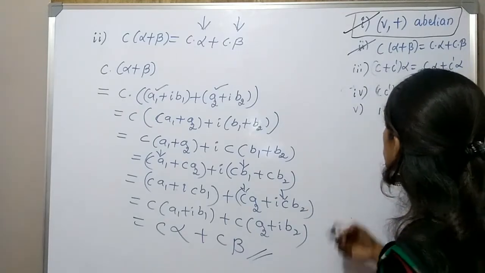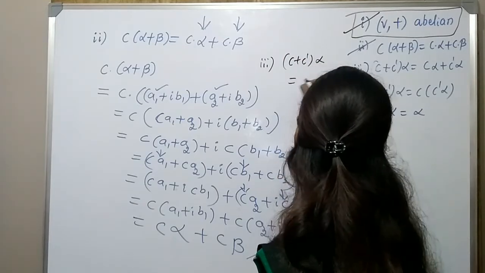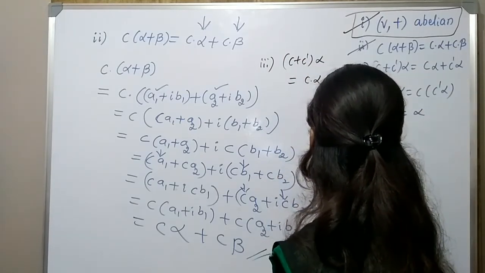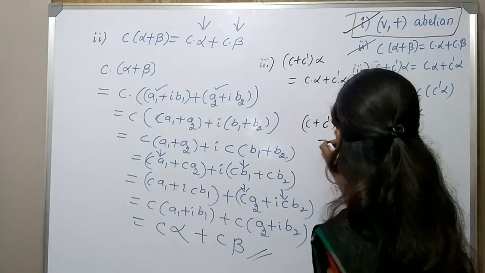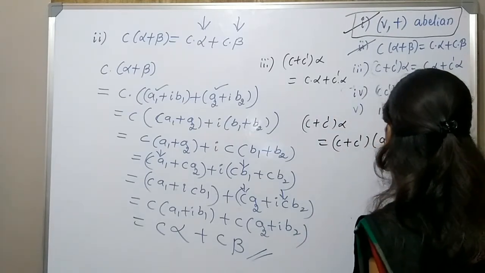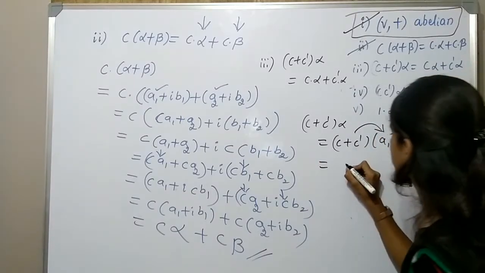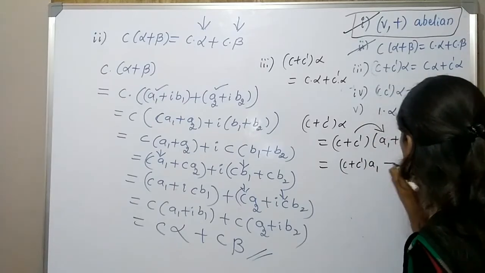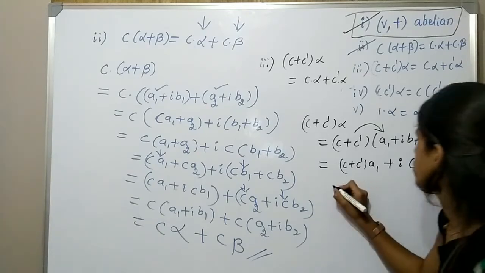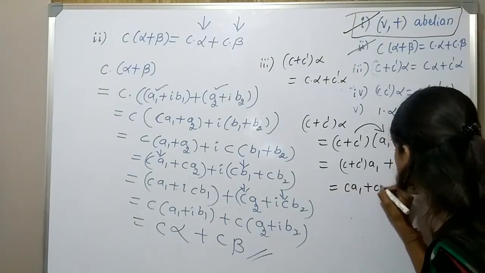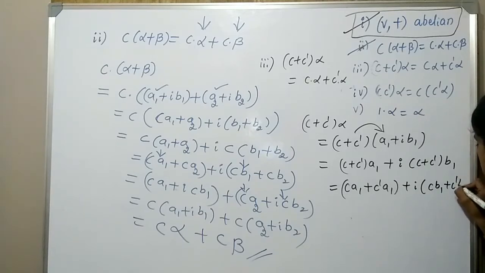Next, third condition. So what is that third condition? c plus c dash into alpha is equal to c dot alpha plus c dash alpha. For that I am considering here c plus c dash into alpha. So for that c plus c dash, what is alpha? A1 plus i B1. So now take c plus c dash within the bracket: c plus c dash into A1 plus i into c plus c dash into B1. Is it okay? So now multiply: cA1 plus c dash A1 plus i into cB1 plus c dash B1.